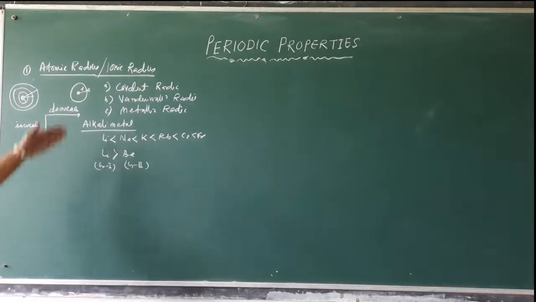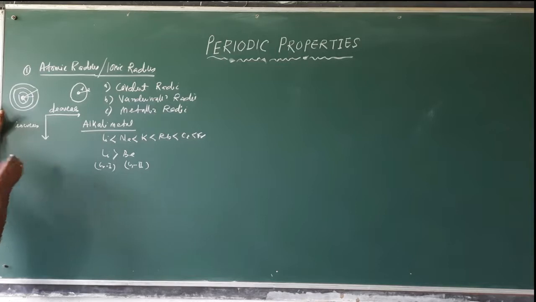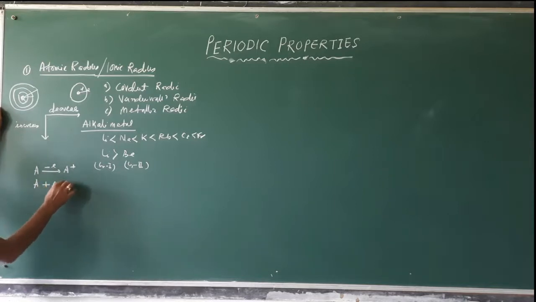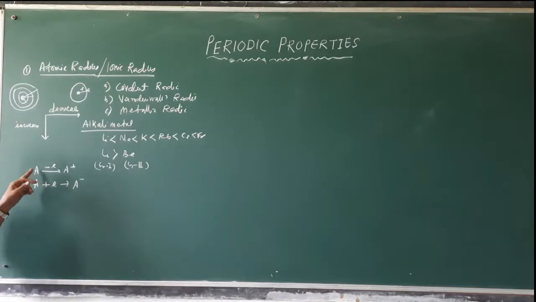Then if you compare ionic radius, you know cation: when an atom loses one electron it becomes a cation. When the same atom gains one electron it becomes an anion.